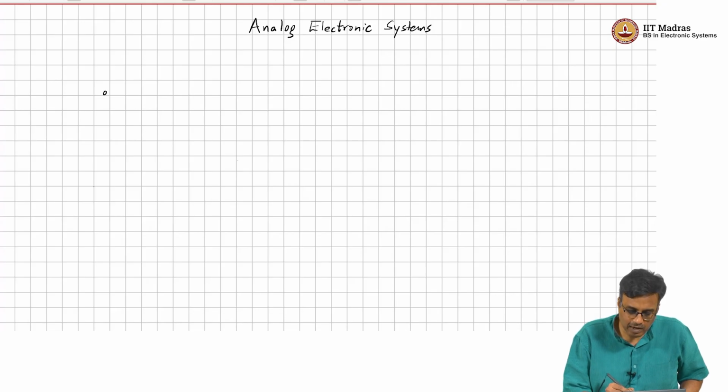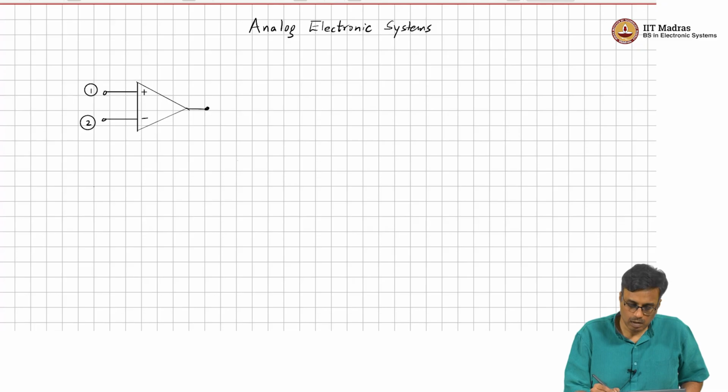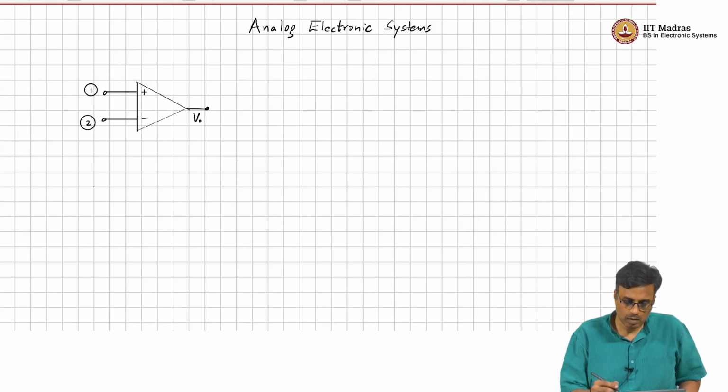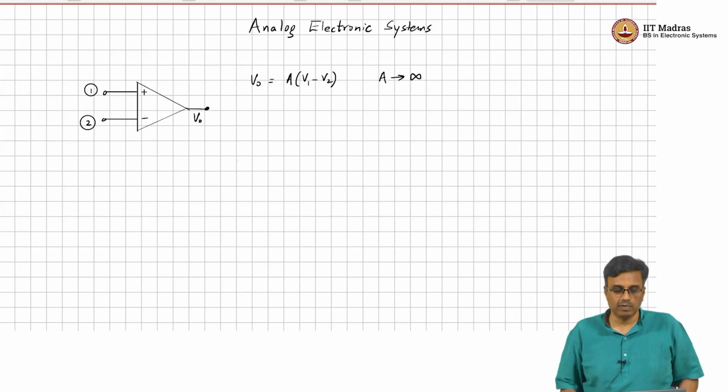So far we have seen operational amplifiers, and VO we said was A times V1 minus V2, where A tended to infinity, right.